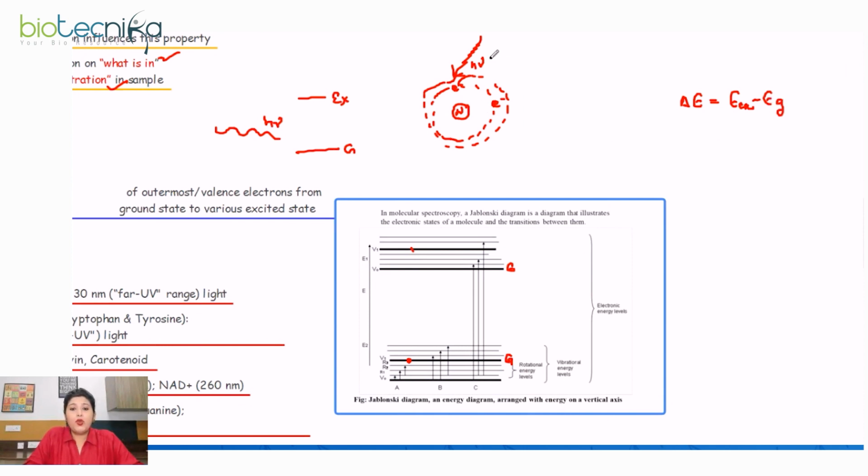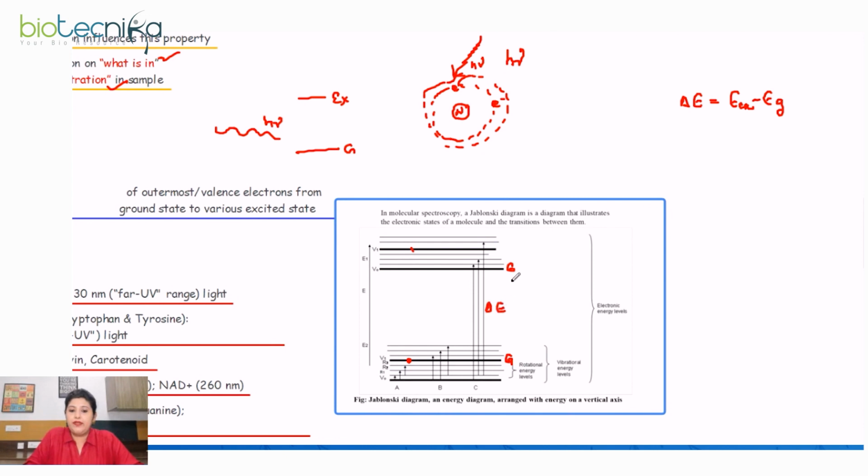So the photon which is striking an atom or a molecule should have the energy h nu, where h is Planck's constant and nu is the frequency. The photon energy h nu should equal the difference in energy, delta E, between the two states.